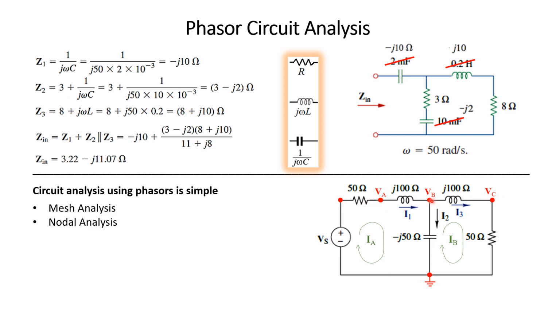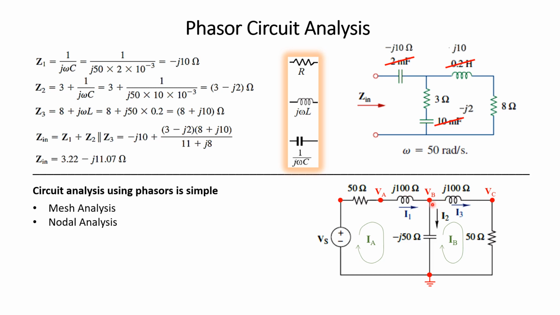We need to write 3 equations, and we use the node analysis method we discussed in chapter 3. So the node equation at VA, current leaving: (VA minus VS) divided by 50, plus (VA minus VB) divided by 100.